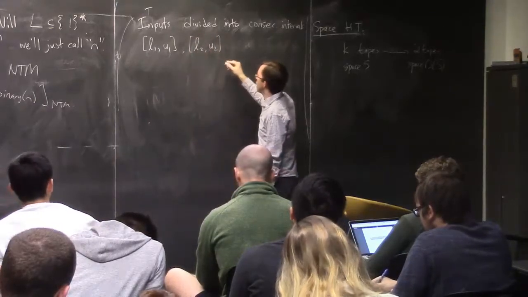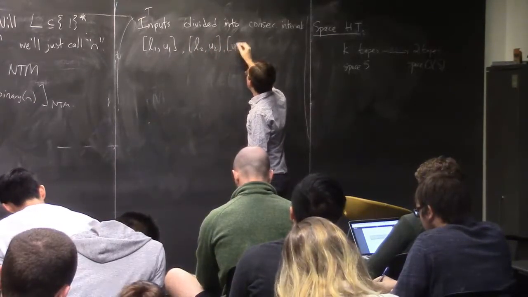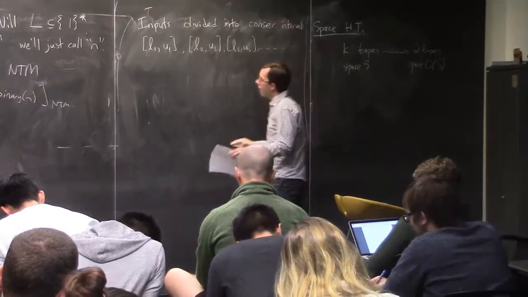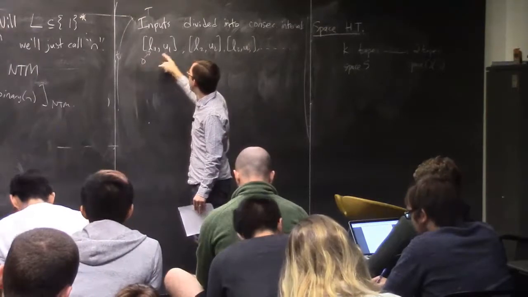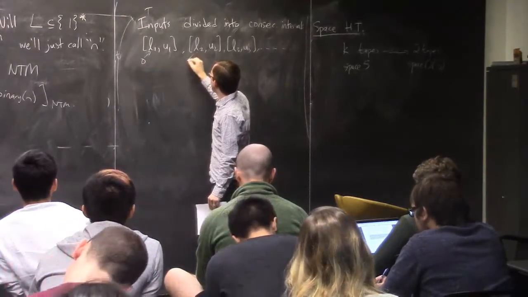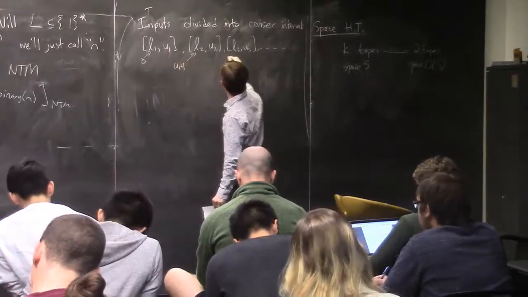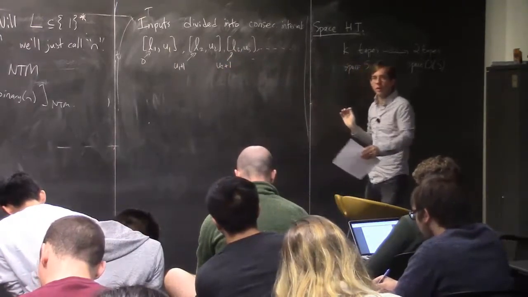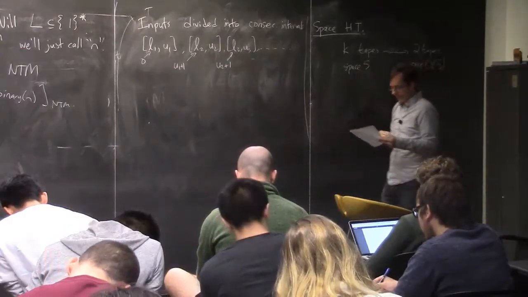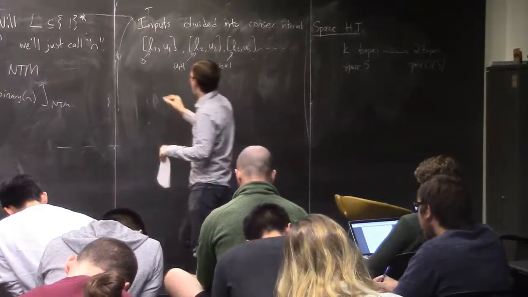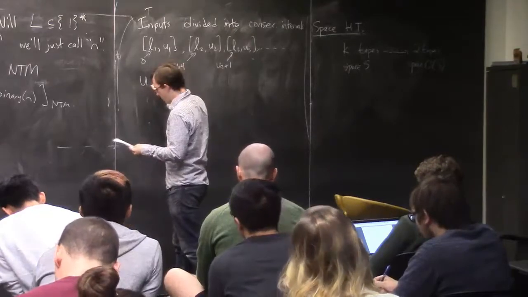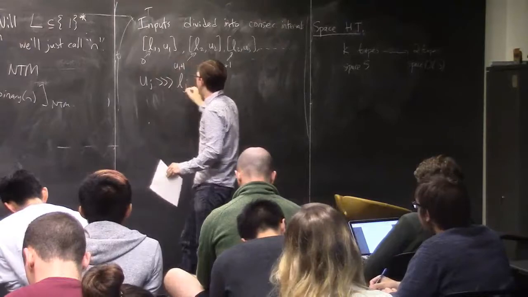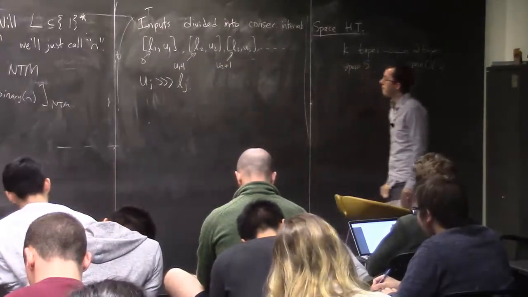These are ranges of integers. L3 through U3, etc. This is the beginning, so this is 0. This will be some very large number. This will be just U1 plus 1, and this will be U2 plus 1. So it's just a sequence of consecutive intervals. We'll come back to this later, but one point will be that Uj will be way, way, way bigger than Lj.